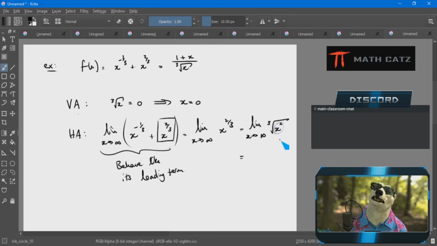Cube root of a large number that gets larger is going to be large. Okay. So for how difficult these functions are eventually going to be, step 2 is not difficult. I do have to check what happens when x goes to negative infinity.